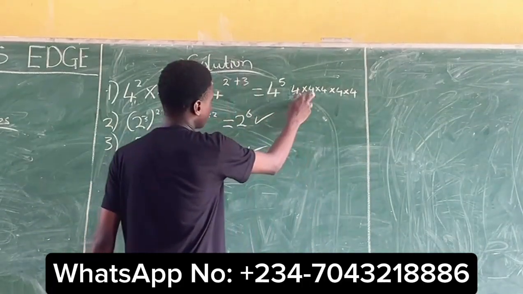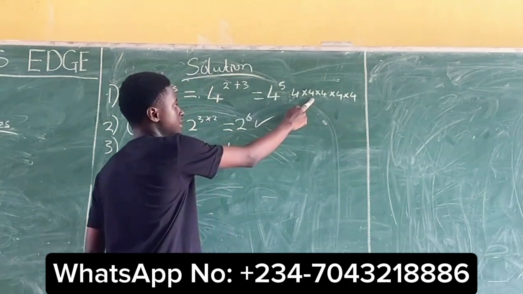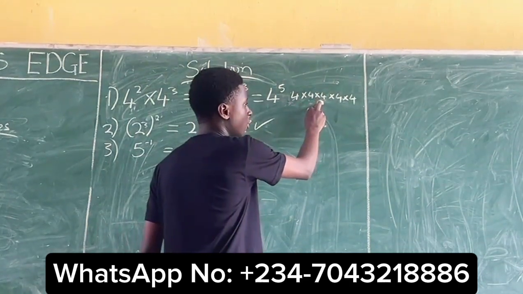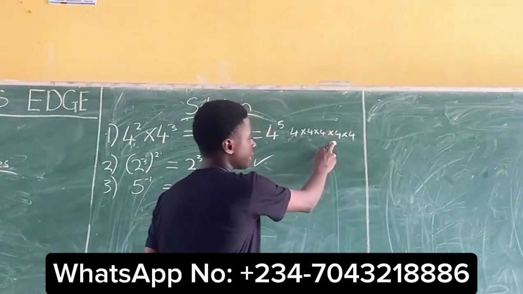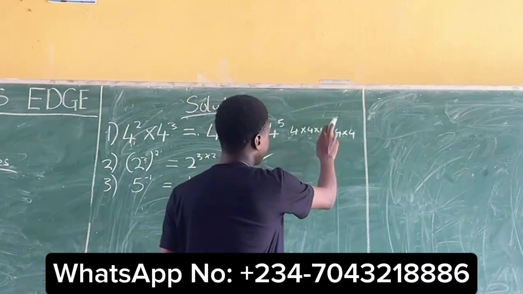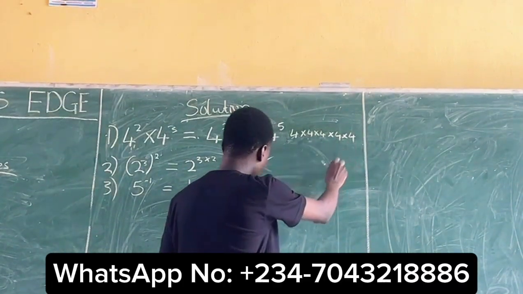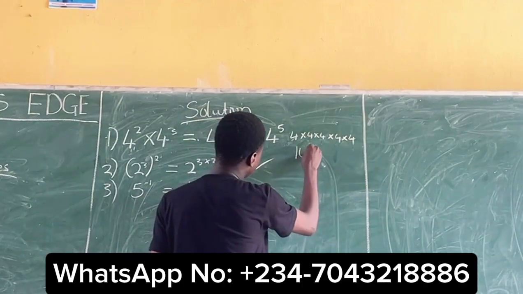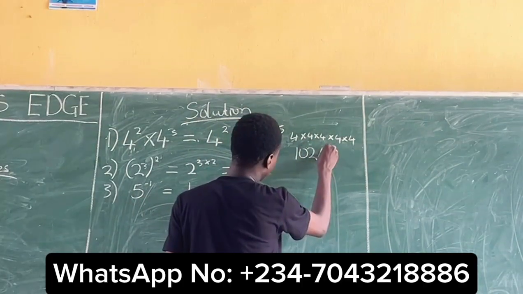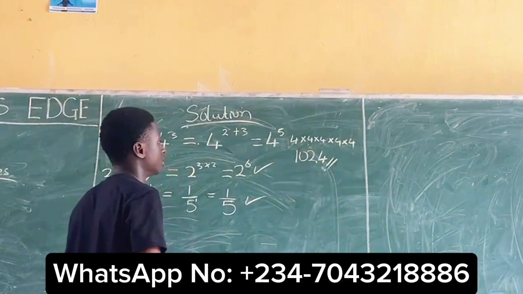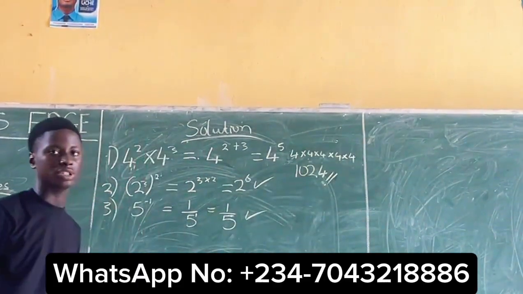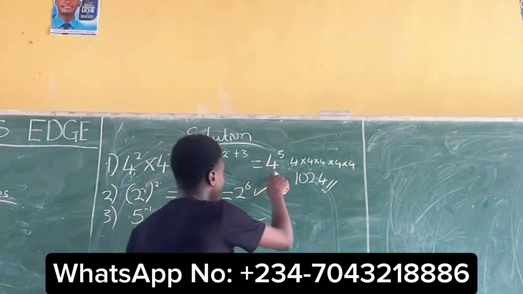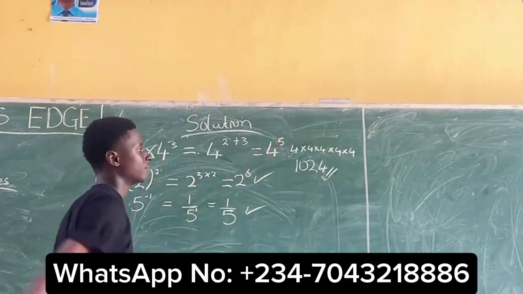And we have here 4 times 4, 16. 16 times 4, 64. 64 times 4, 256, and then 256 times 4, 1024. So you can proceed to simplify further, depending on the question. If the question says leave it in index form, then you stop here.